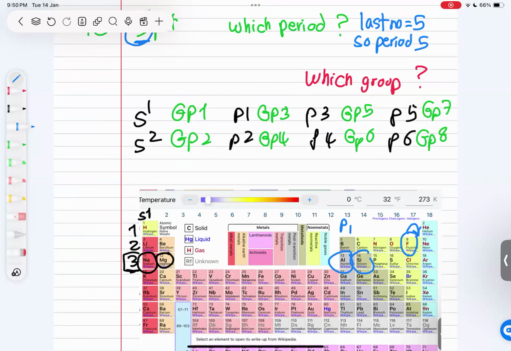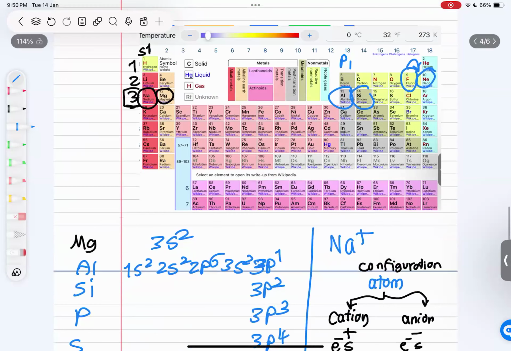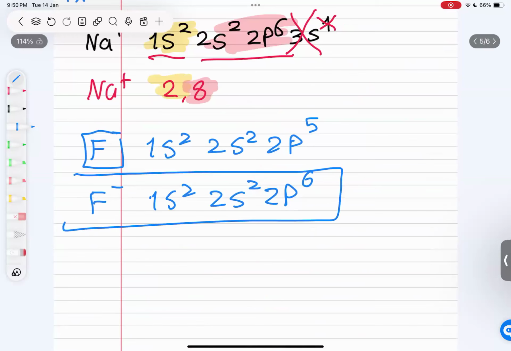It looks like the electron configuration of the noble gas. And when sodium lost one electron, it also became like neon. Very good. So it becomes like the noble gas configuration.